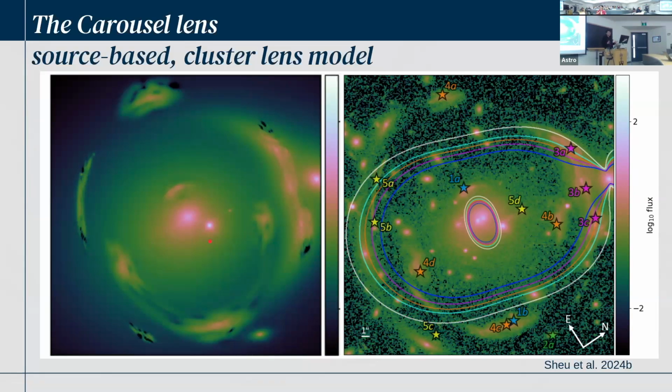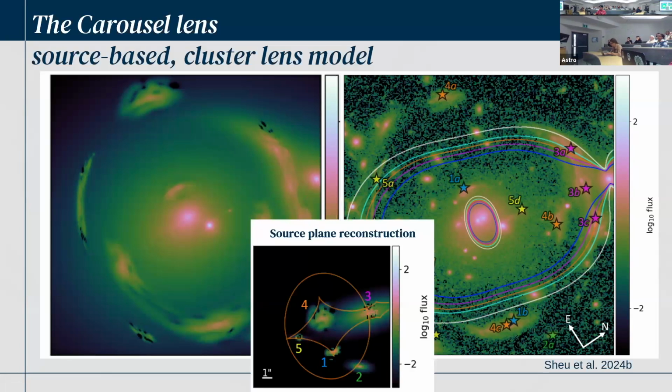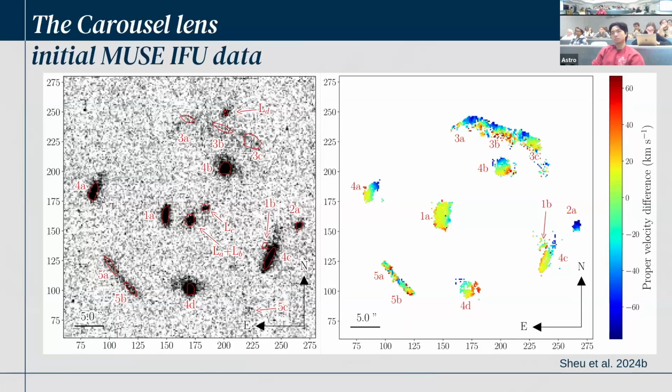I want to emphasize that typically with cluster lenses, you either ensure that the images are mapped back to the same locations, or you try to recreate the image locations, or you try to fit a parametric source light profile in order to create the images. But what we do is a pixel scale reconstruction of the source in order to capture all the fine detail within the images and build a better mass model.